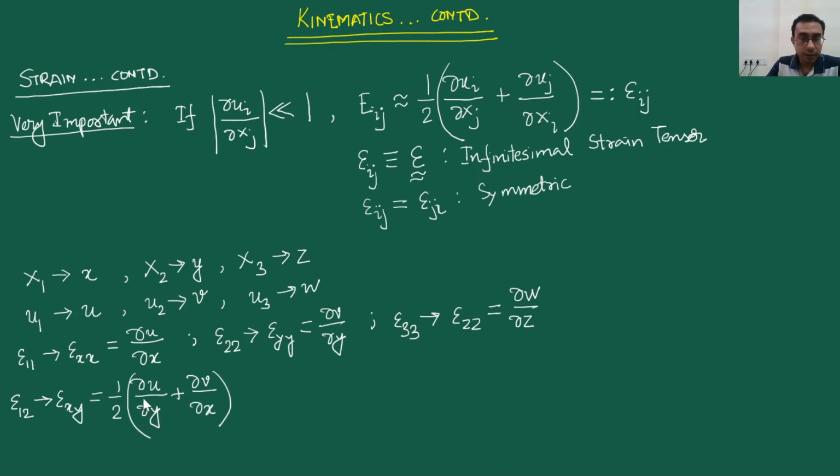So you understand here that this del u del y is coming from del u1 del x2, and this del v del x is coming from del u2 del x1.